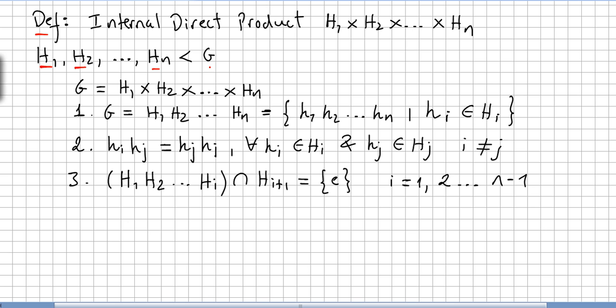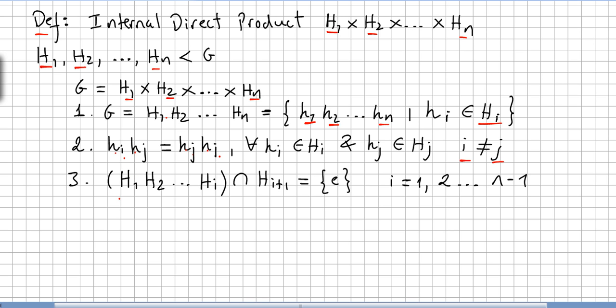So all these H's are subgroups of G. G is the internal direct product of H1, H2 to Hn if 1, G equals H1 H2 ... Hn, with h1 an element of H1, h2 an element of H2, and hn an element of Hn. 2, hi hj equals hj hi for all hi in Hi and all hj in Hj, of course with i different from j.